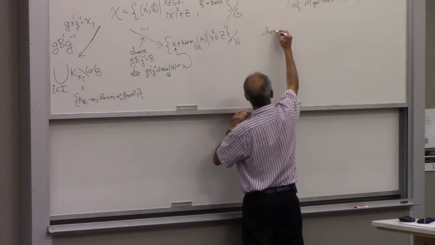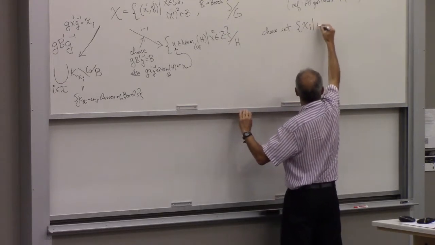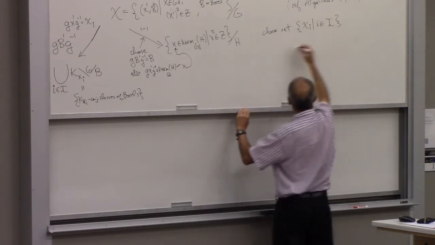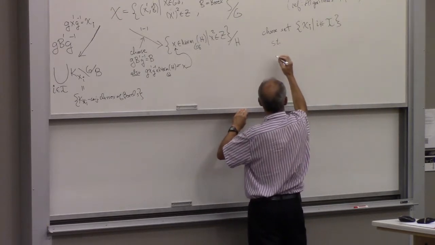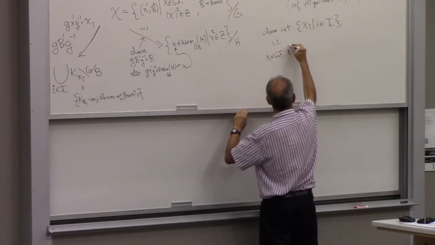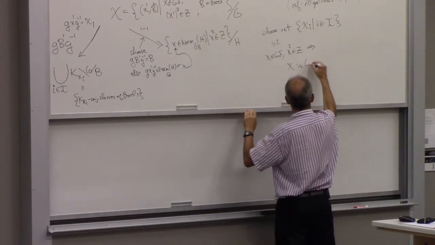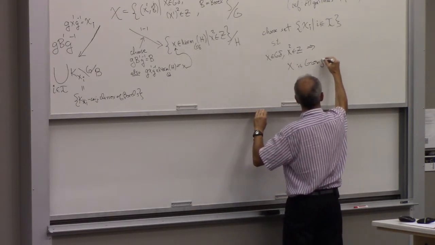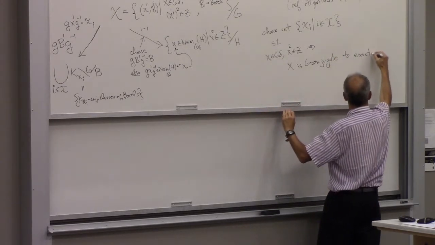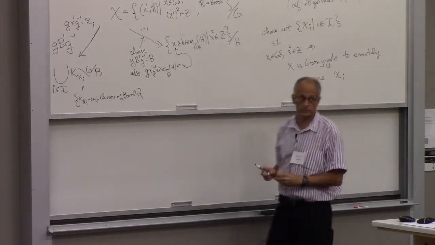Choose a collection of x_i's, where i runs over some parameter set I, such that if x is in G delta and x squared is central, then x is G conjugate to exactly one x_i.